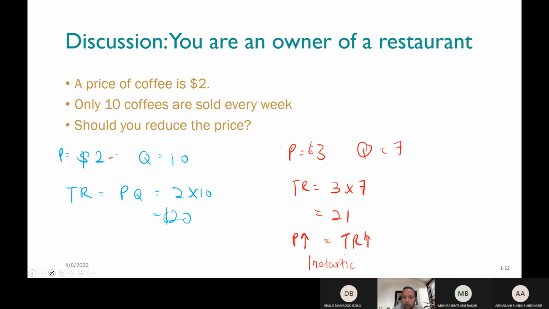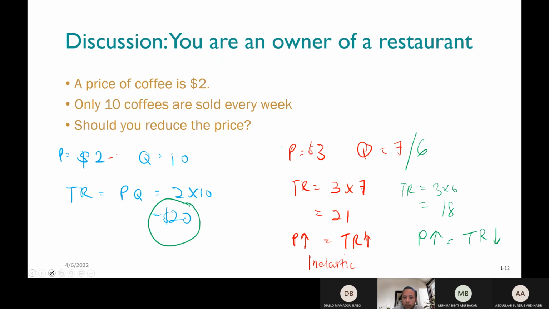But if, for example, instead of the quantity reducing to 7, let's say the quantity reduces to 6. The total revenue is therefore 3 times 6 equals 18. So in this case, the price increase causes total revenue to decrease, because it's compared to this figure.